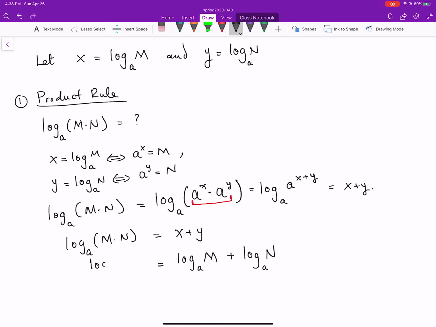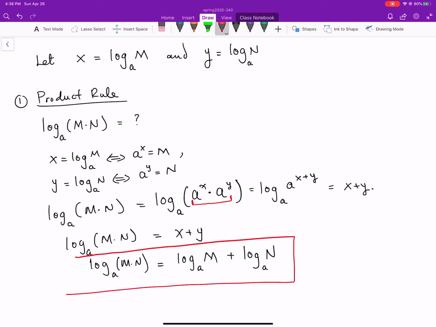So log a of m times n is equal to log a m plus log a n. This is what we are calling the product rule. Okay, so what is this trying to tell us?